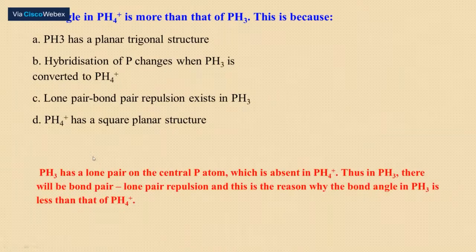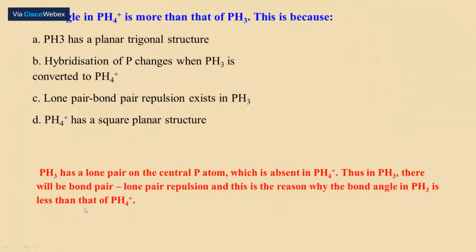Here PH3 has a lone pair on the central phosphorus atom, which is absent in PH4+. Thus in PH3 there will be a bond pair lone pair repulsion, and this is the reason why the bond angle in PH3 is less than PH4+.